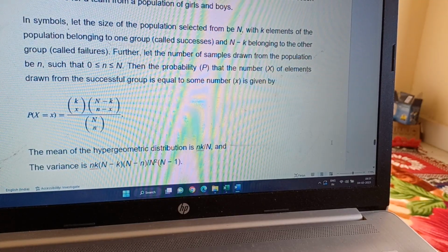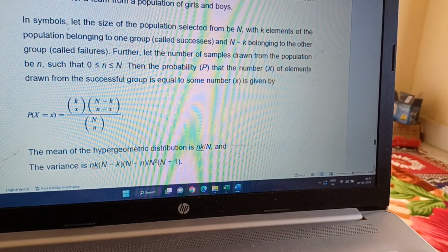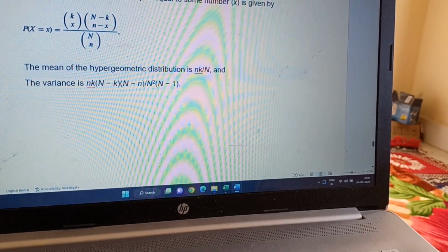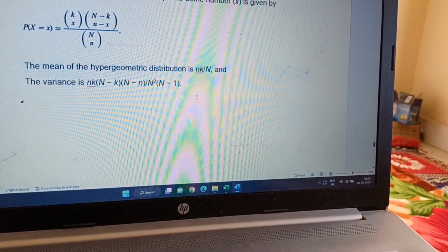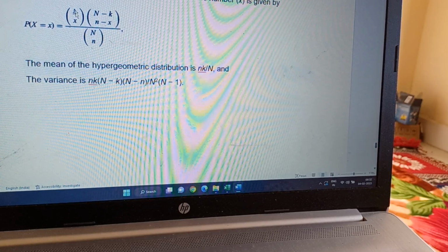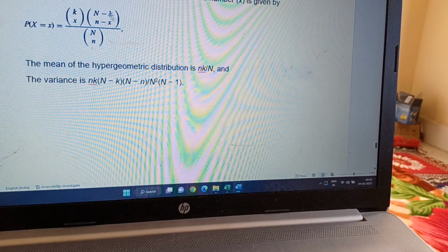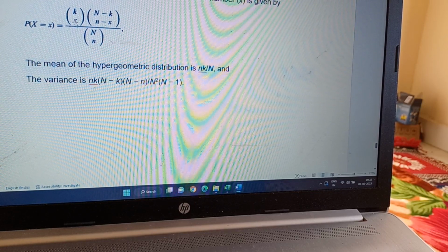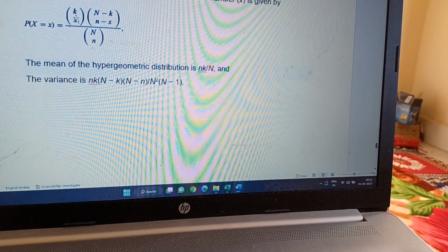You will understand it better with an example, but remember this formula of the hypergeometric distribution. It is not difficult. K is the number in one group, N minus K is the number in the other group, and x is the number of people chosen from the first group.